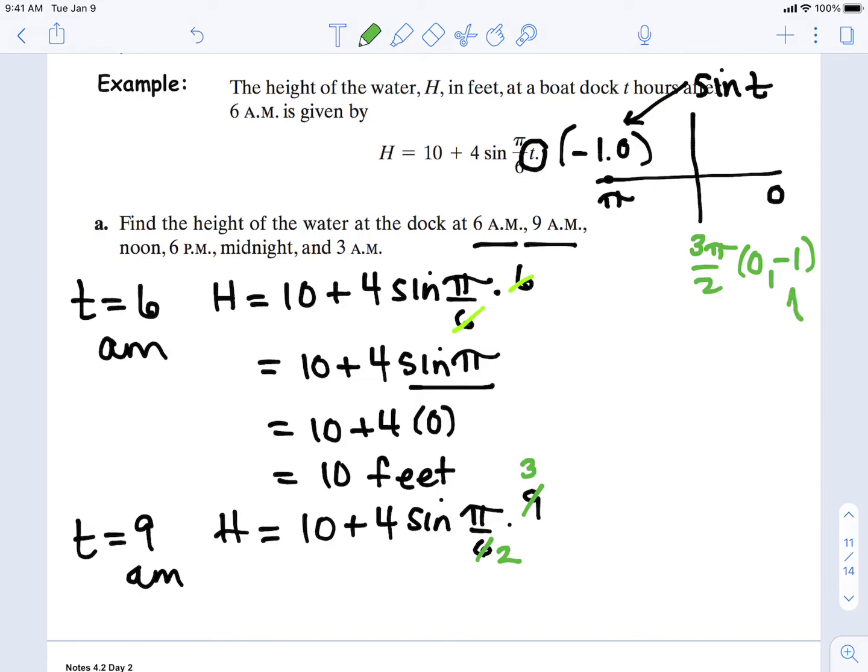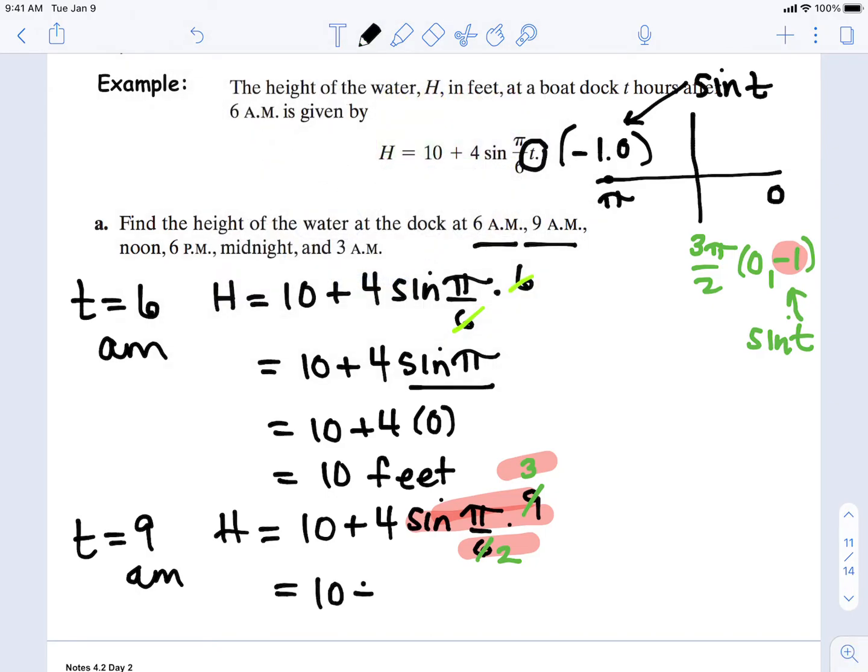This value is your sine value. So we're going to substitute -1 in for the sine of 3 pi over 2. So let me finish writing that.